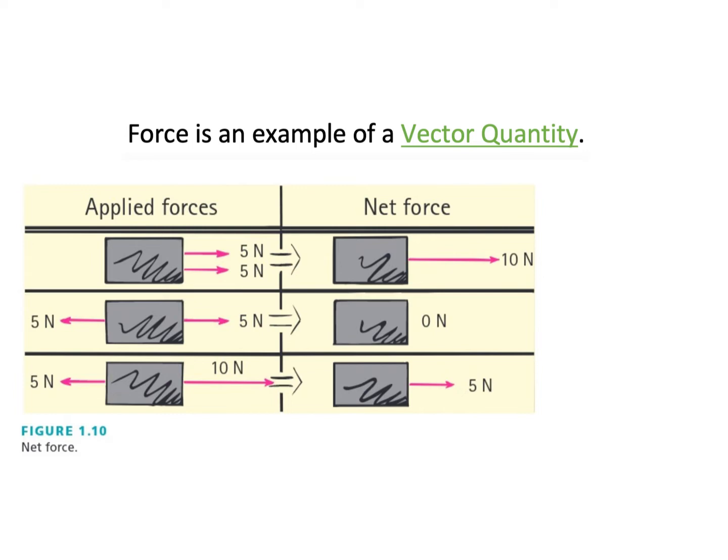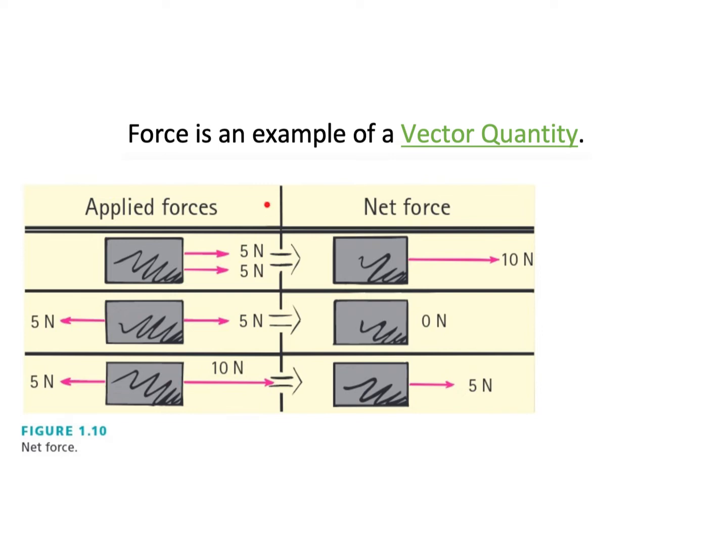So we can see in this picture, at the top I've got a block here, and there are two 5-Newton forces. In other words, imagine that there were two ropes here. You and I are trying to pull this crate across the floor, and each of us is pulling with 5 newtons. That is completely equivalent to having one rope with one person pulling with 10 newtons in the same direction.